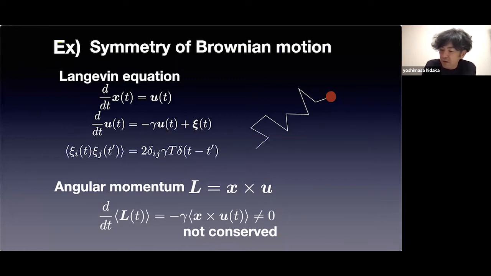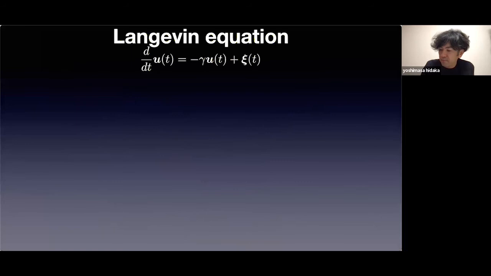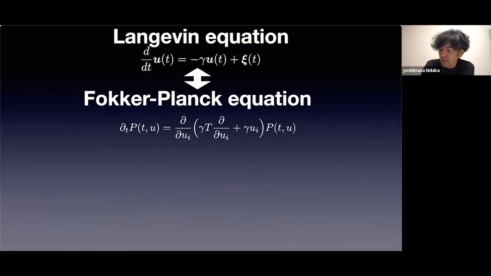But if you look at this equation, x is a vector and u is a vector. So this equation is all written in vectors, so you can define the rotation. You can find a rotation symmetry in this system.